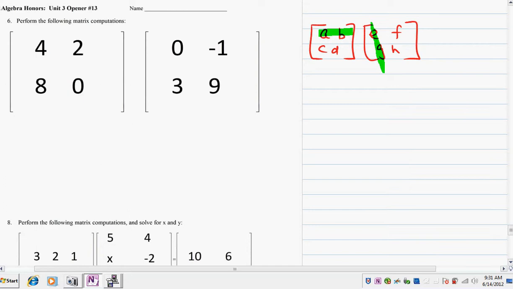So the result would be a matrix where I'm multiplying A times E plus B times G. So this would be AE plus BG. Now that I've done that row and column, I now do the first row times the second column, and that goes in the second slot. So I have AF plus BH.